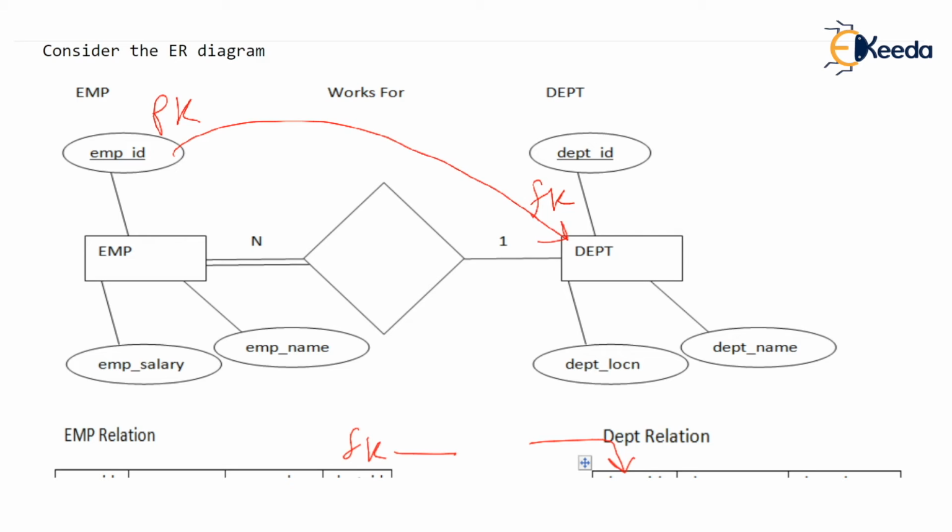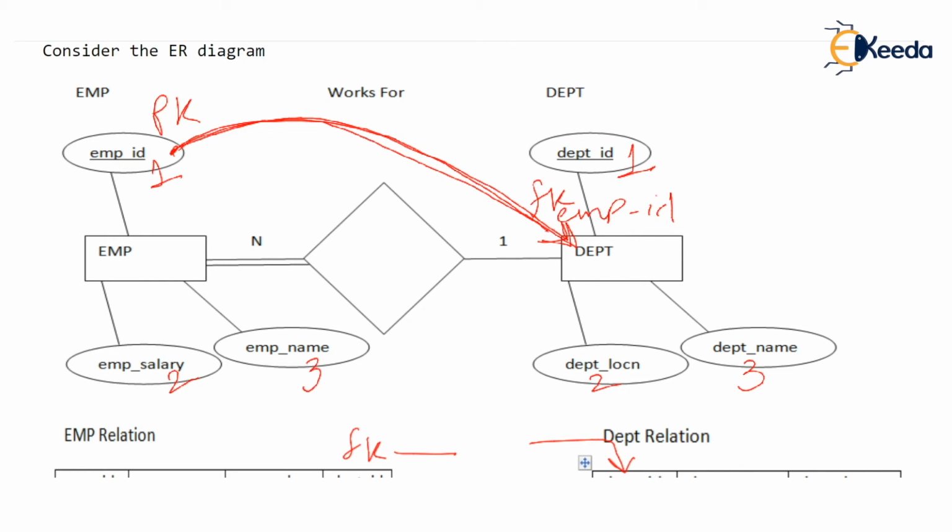Instead of putting department ID in the EMP relation, let's put EMP ID, which is the primary key, into the department relation. So now EMP will have only three attributes, but department will have four attributes: department ID, department location, department name, and one more, EMP ID, which is the foreign key coming from the EMP relation.